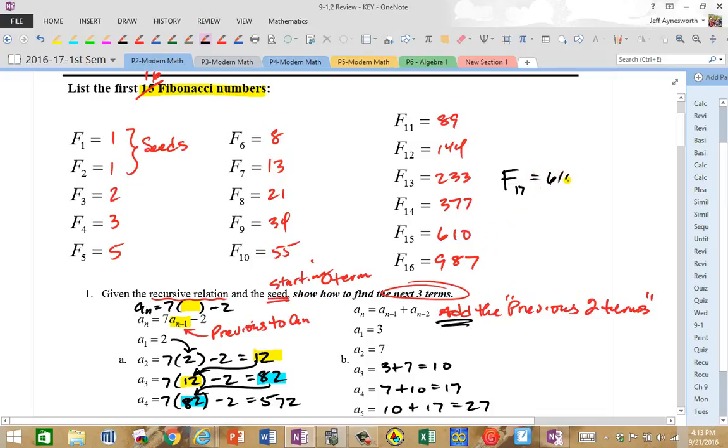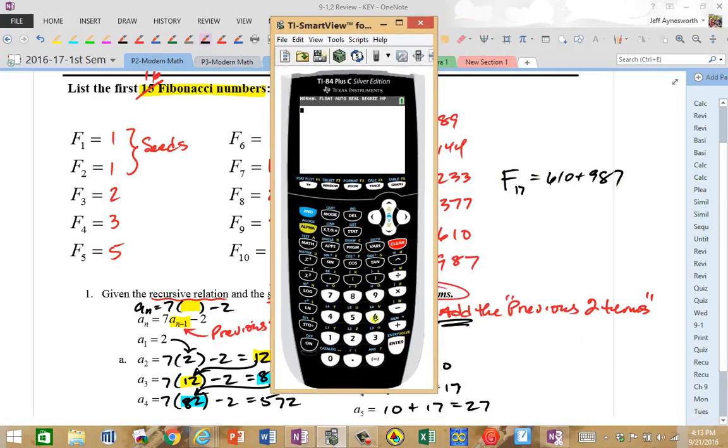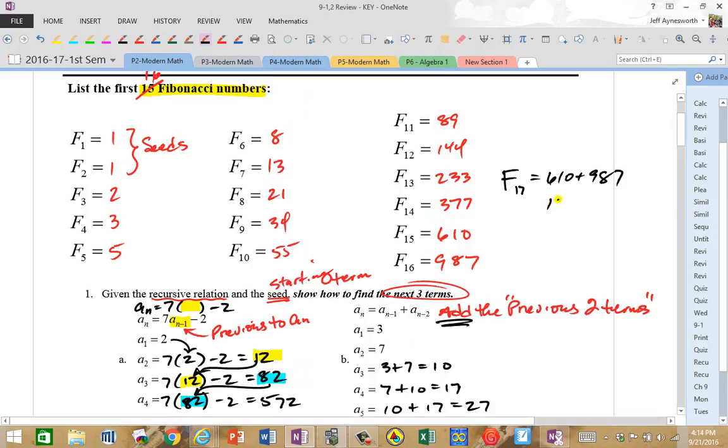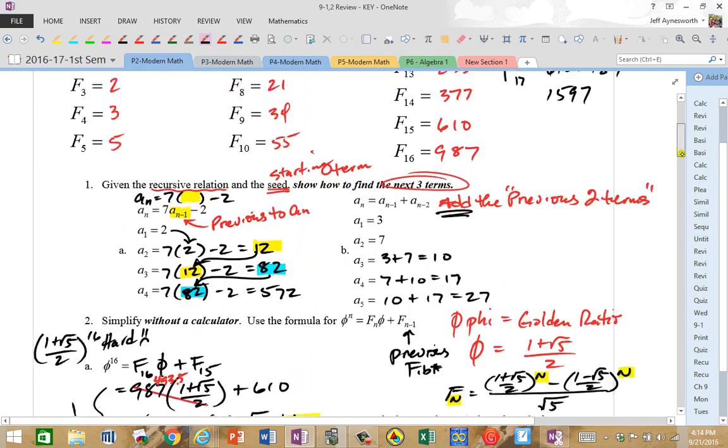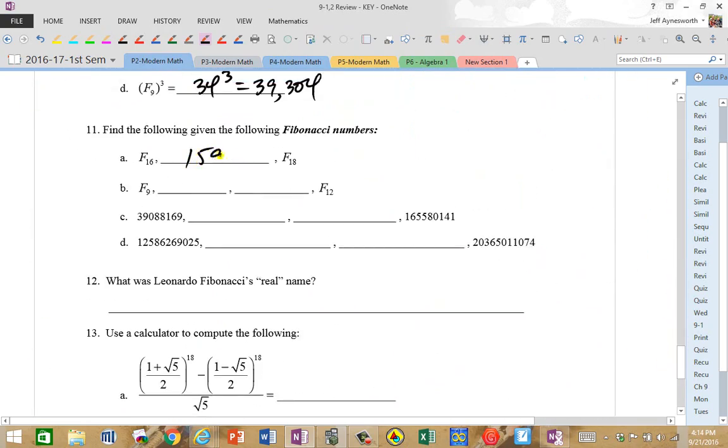So let's get that value. What do we have? So 1597. So this is 1597.